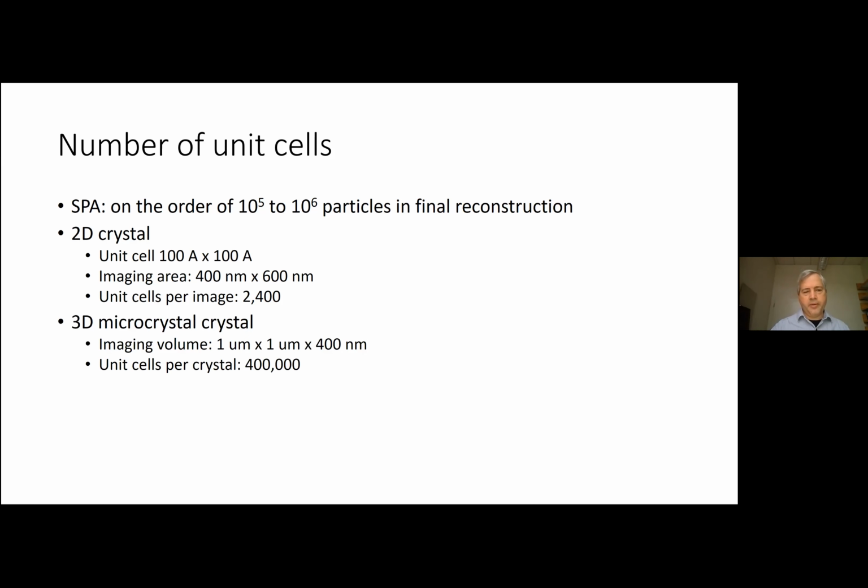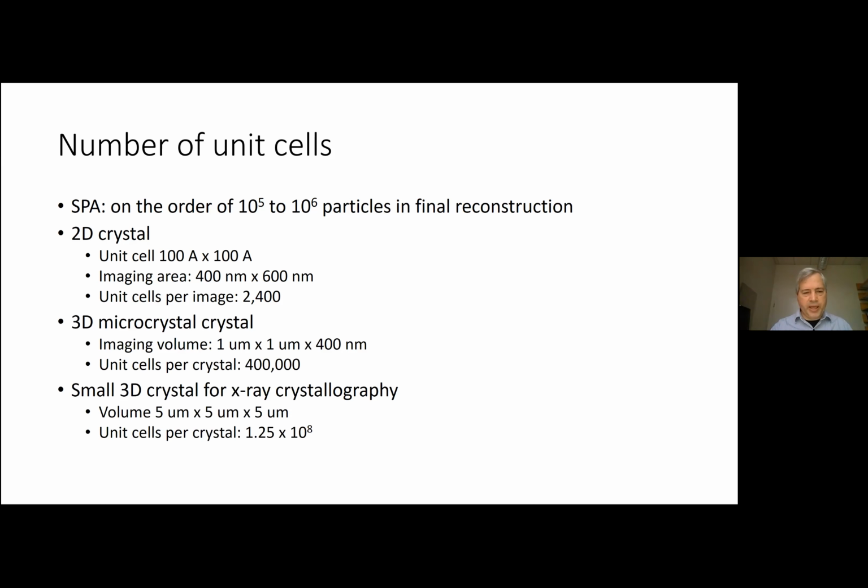If you move up to 3D microcrystals, say your imaging volume is a 1 micron by 1 micron crystal, and it should be thin, say 400 nanometers thick. With the same 100 angstrom unit cell, that gives about 400,000 unit cells per crystal. Now, a small 3D crystal big enough for X-ray crystallography, I'm not an X-ray crystallographer, but I think 5 micron by 5 micron by 5 micron is probably reasonable.